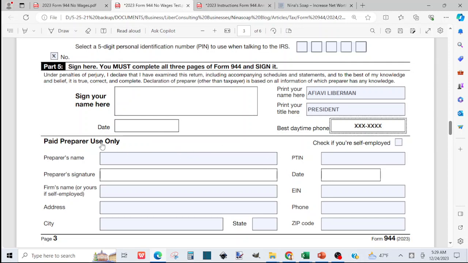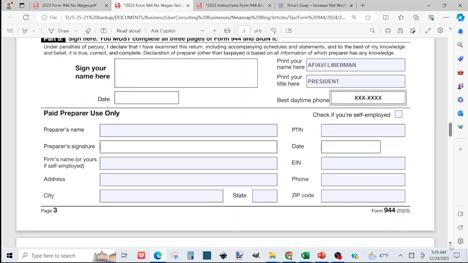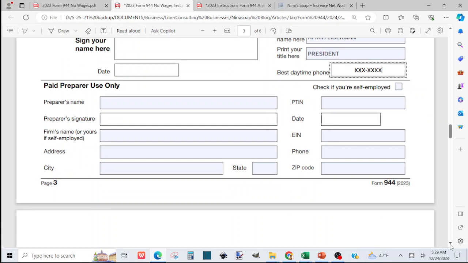So, paid preparer use only. If you are a tax preparer and you are preparing this for a client, then you will complete the preparer's name section with your name, and after you print it out, you will sign it. Your client will sign it, but you, the preparer, will sign it at the preparer signature section.